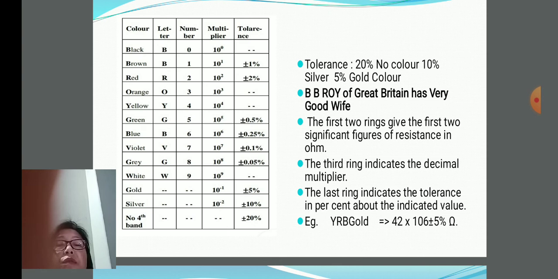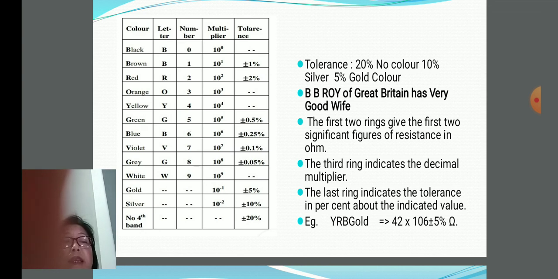If only 3 rings are there, then it will be 42 into 10 to power 6 ohms, plus minus 20% tolerance. This is how we read the resistance of the carbon resistors, which we use abundantly in electronic circuits.